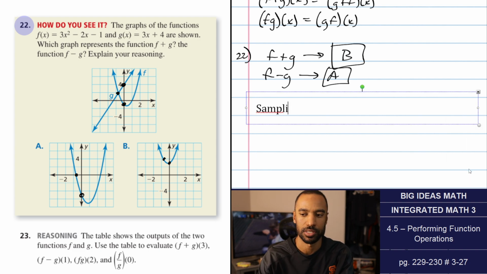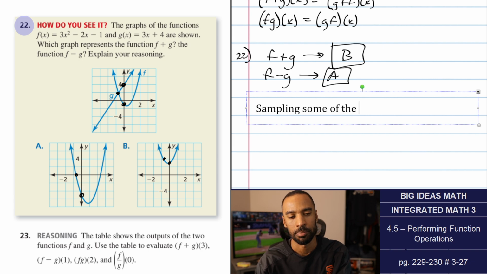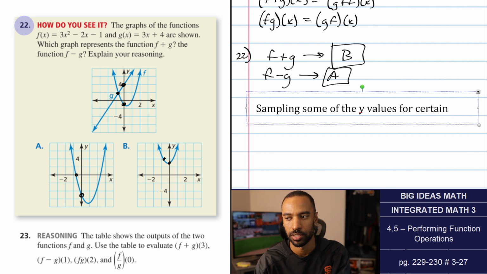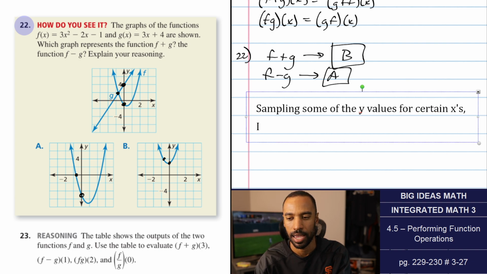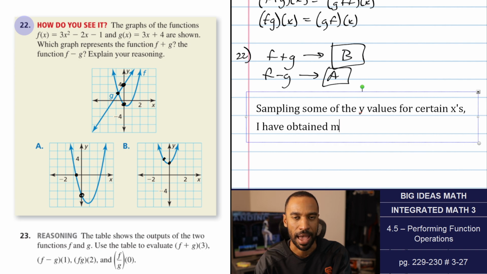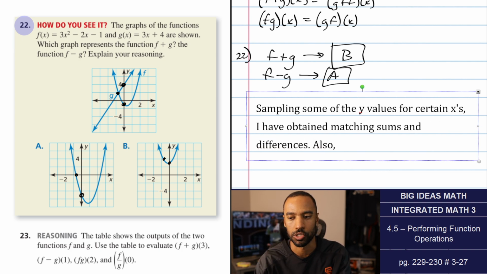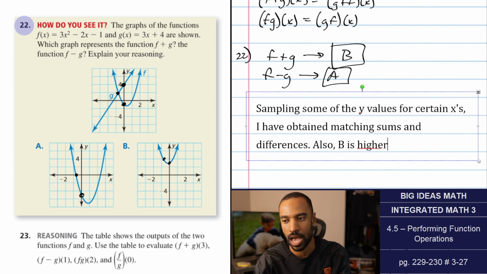Sampling some of the y values for certain x's, I have obtained matching sums and differences. I mean, the real one we should look at here is that also b is higher up and a is lower down.